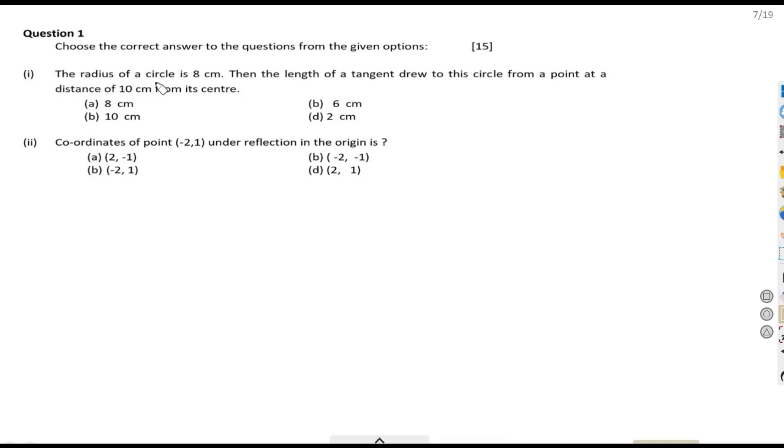First part, a circle of radius 8 centimeter. Then the length of the tangent drawn to this circle from a point at a distance of 10 centimeter from the center.